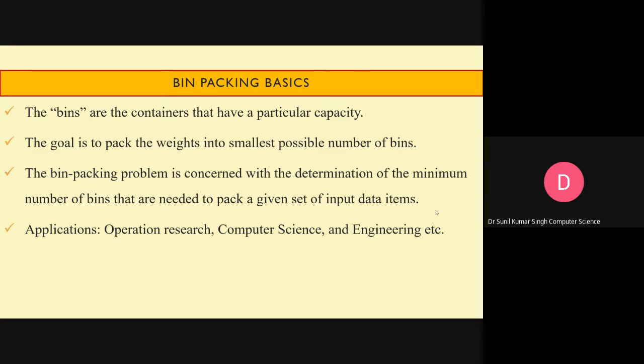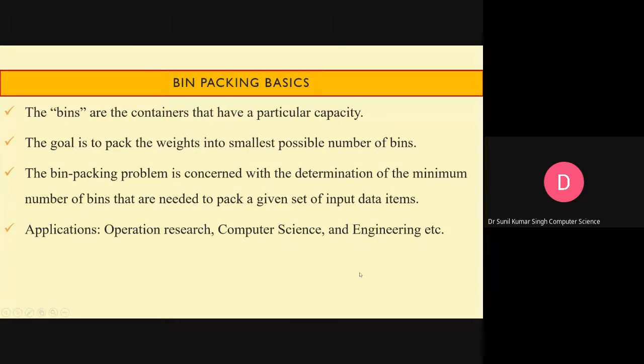There are many application areas of this bin packing problem. It is used in operations research, computer science, engineering and so on. While discussing, you will see some examples related to engineering, and some related to computer science.